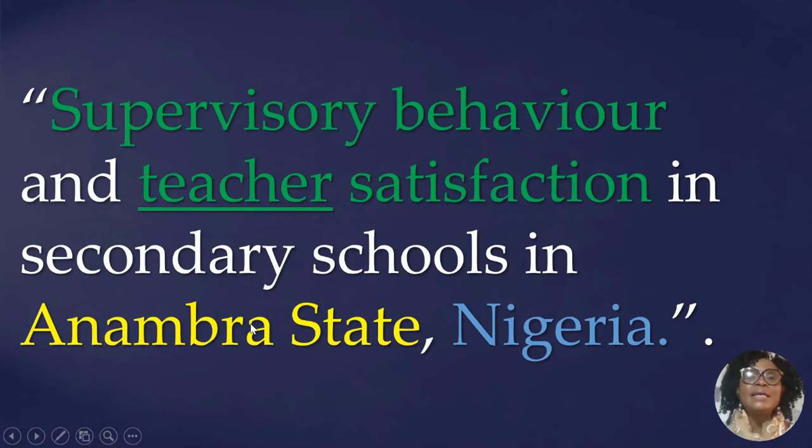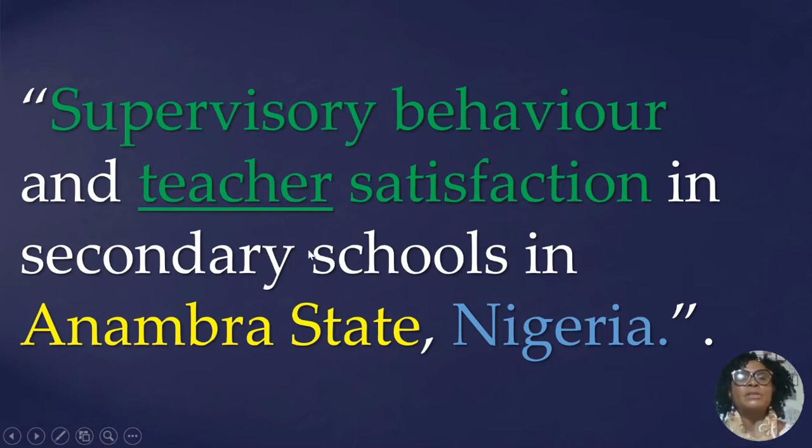Let us look at these titles as a way of describing how to carve out a purpose of study. When you're working on supervisory behavior and teacher satisfaction in secondary schools in Anambra State, Nigeria, this is a good title. It has its own variables. The supervisory behavior is the independent variable, and the teacher satisfaction is the dependent variable.